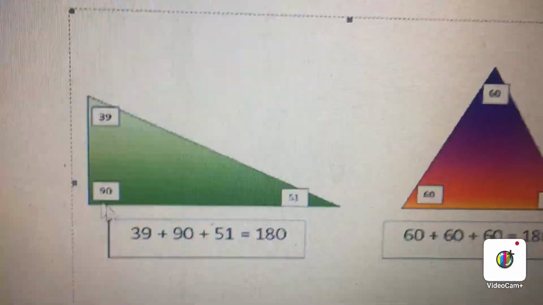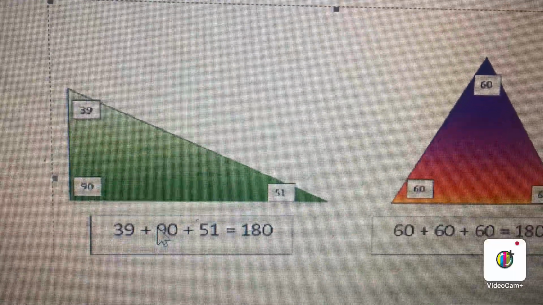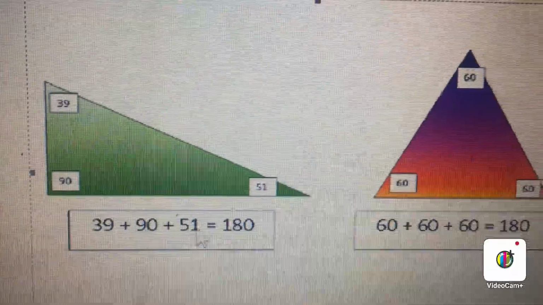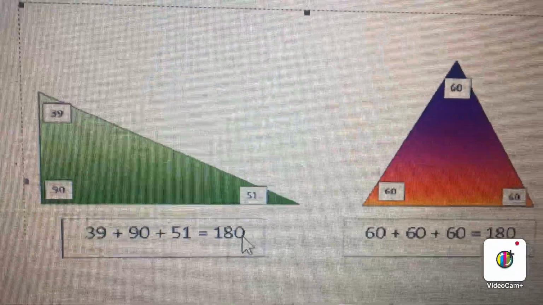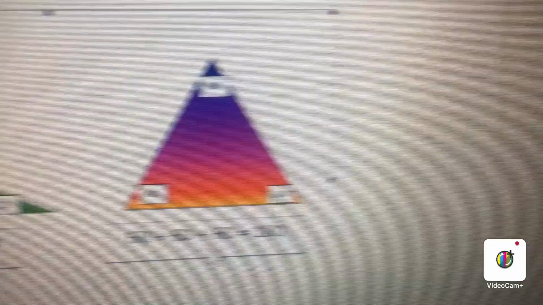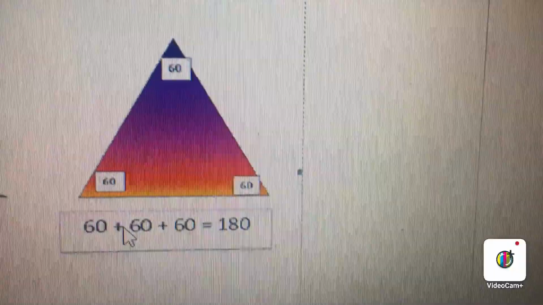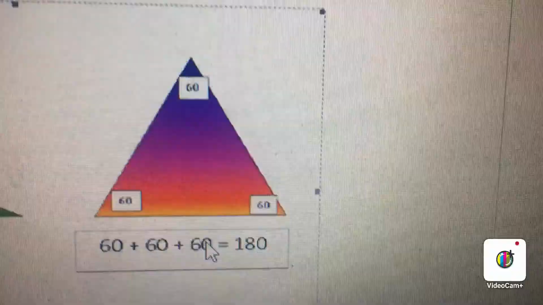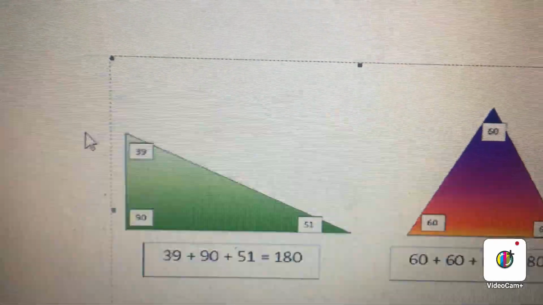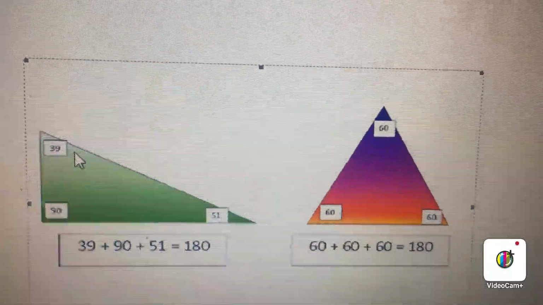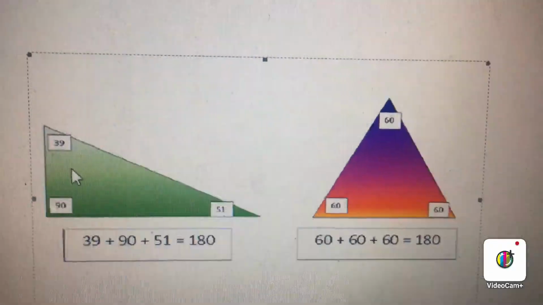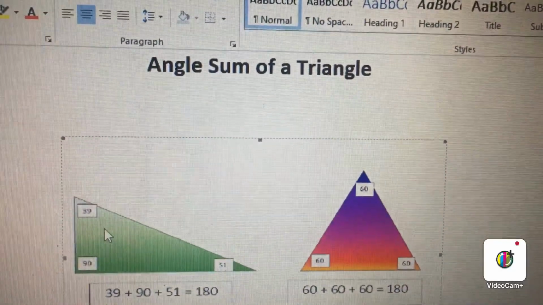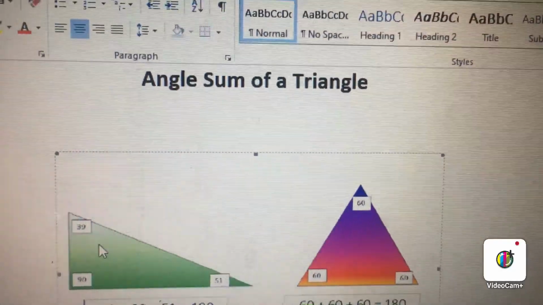And when you add all the angles here, 39 plus 90 plus 51, your answer will be 180 degrees. The same thing applies here. When you add all the angles in this triangle, you get 180 degrees. So this leads us to this theorem: the sum of the angles of any triangle is 180 degrees.